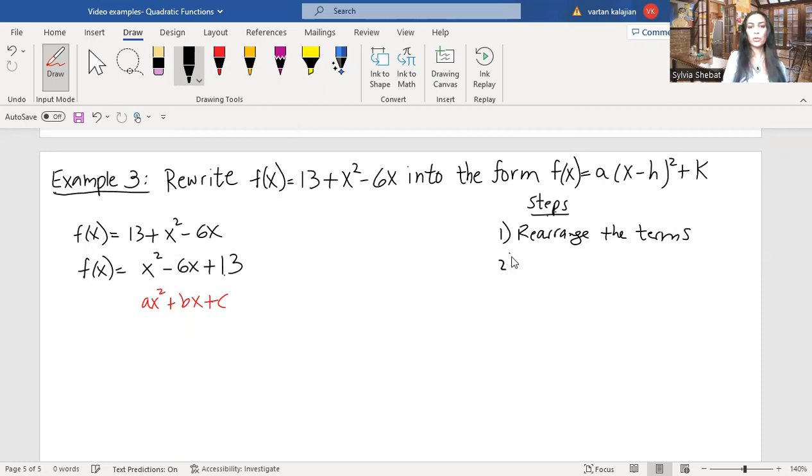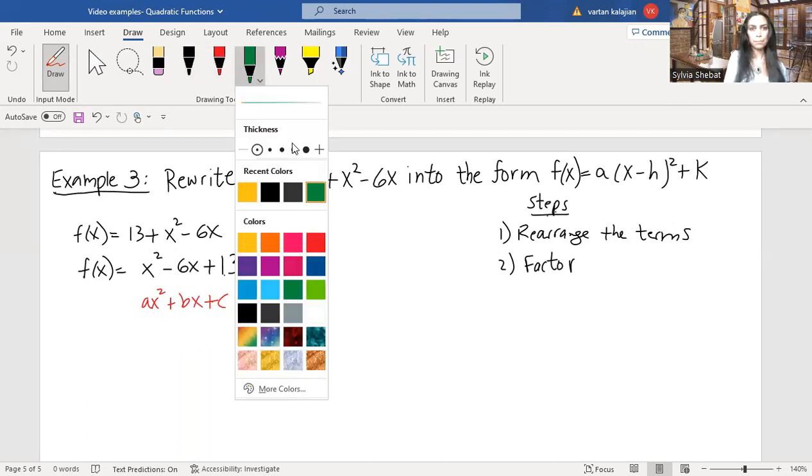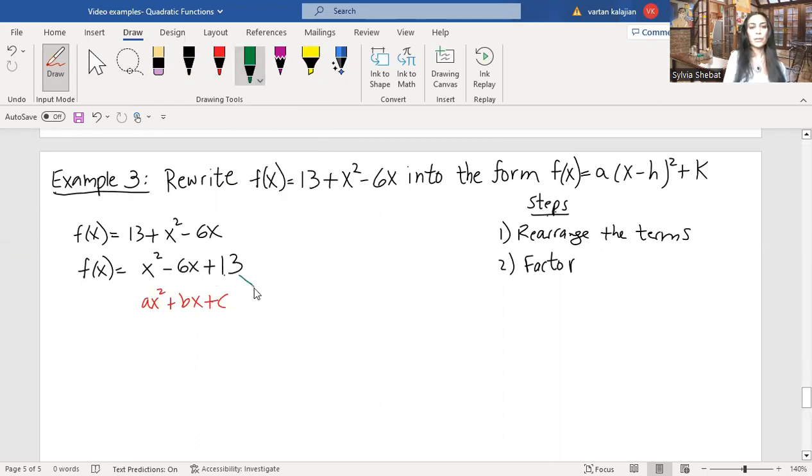So step 2 is going to be to factor. So when you look at this, how can we factor this? At this point, if you want, you can pause the video and try to factor it and then come back. Okay, so when I look at this, I think, do two numbers exist whose product is 13 and whose sum is -6?